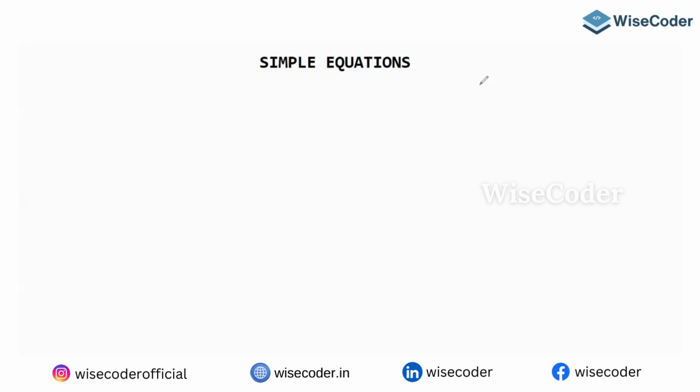Okay, so let's see the solution. Let the cost of each table be t, and let the cost of each chair be c. Guys, I told you in the beginning of the session, it's all about making an equation. So read the statement and make an equation.